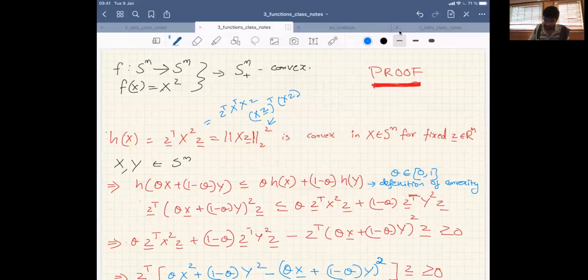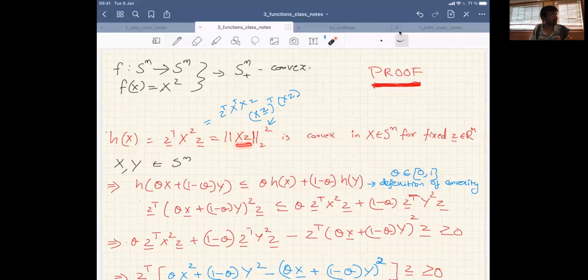So let's consider this new function h of X, which is given like this. Is this convex in the matrix X? The variable is capital X here. You don't need to complicate it, just consider this as a variable X. Now what you are doing is just multiplying that with a vector.